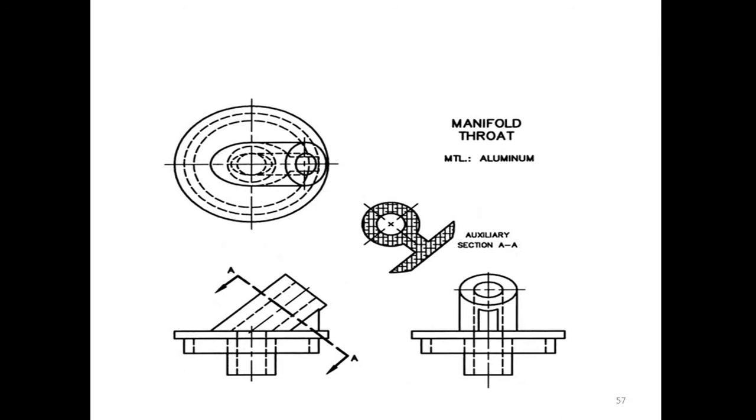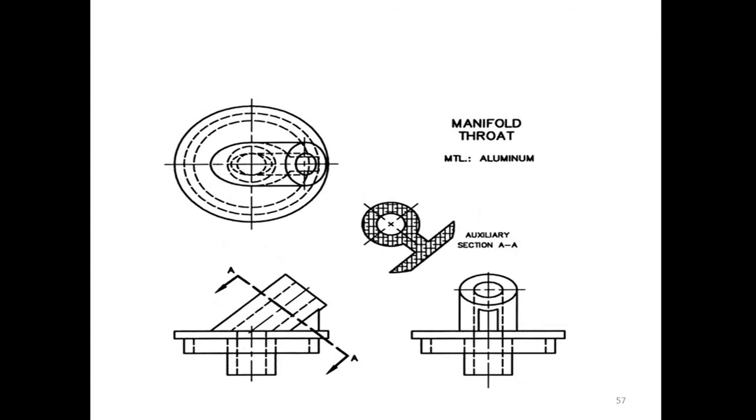So for clear understanding of the geometry of the component, because the drawing is referred to as a production drawing, a part drawing, and it becomes a standard drawing, each and every part must be clear.